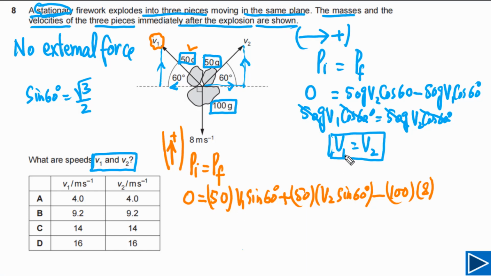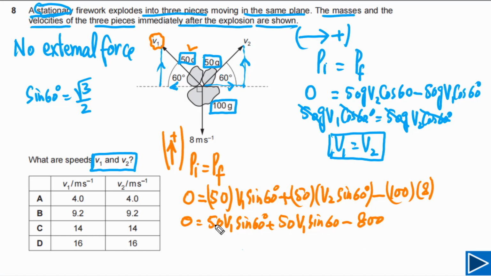Now we need to simplify. As V1 is equal to V2, we can replace V2 with V1. So we can write 50 V1 sine of 60 degrees plus 50 V1 sine of 60 degrees minus 800.